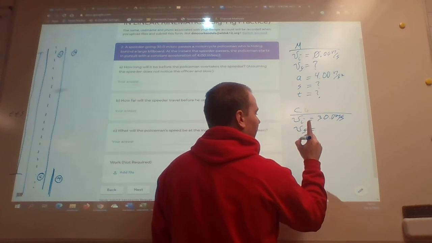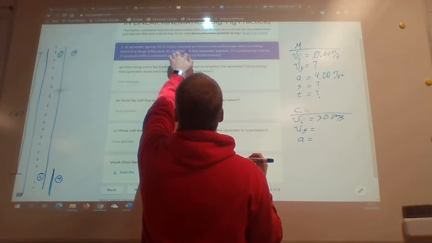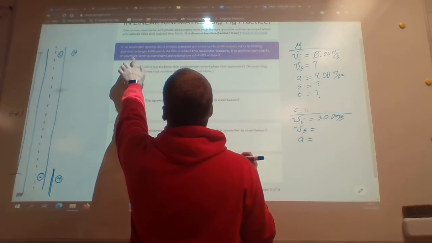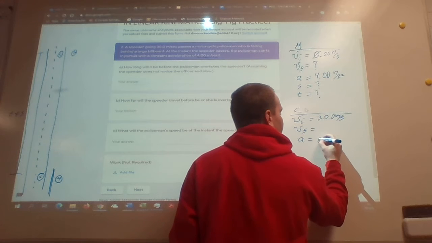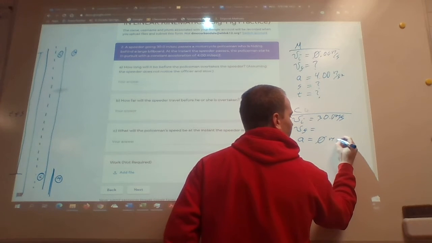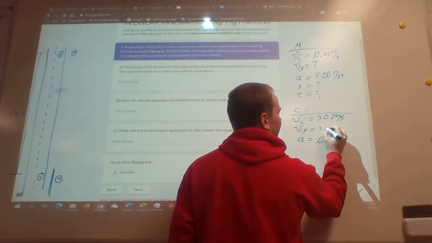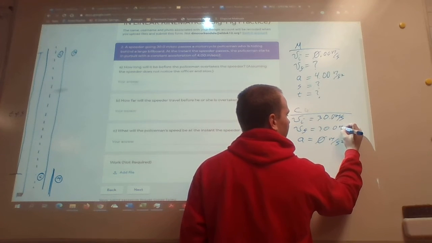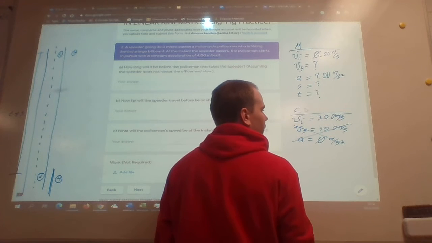Well, because the acceleration of this car is 0, that means that the final velocity of the car is the same as the initial velocity. So we actually don't need either of these.